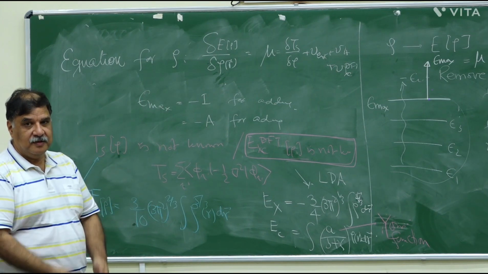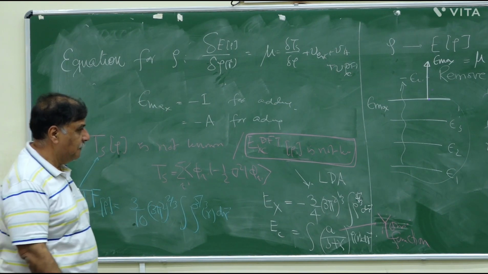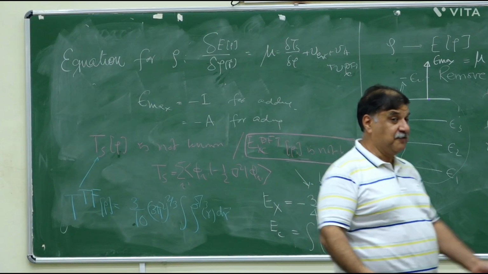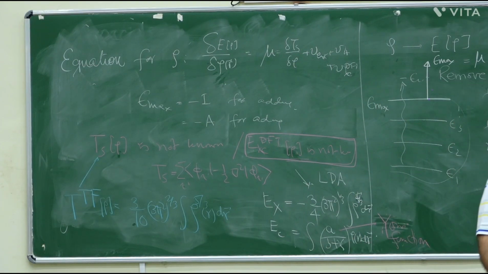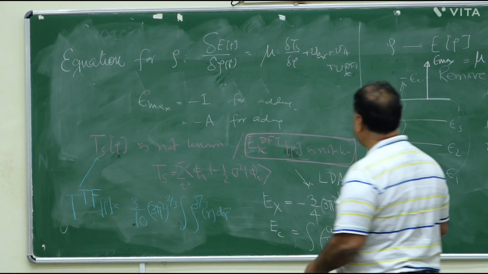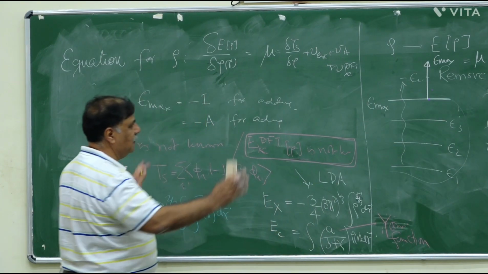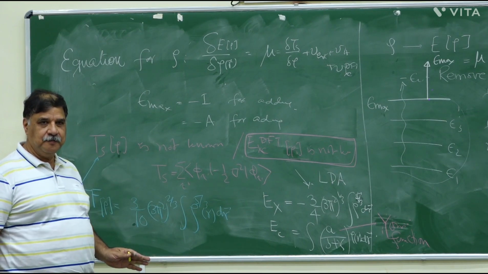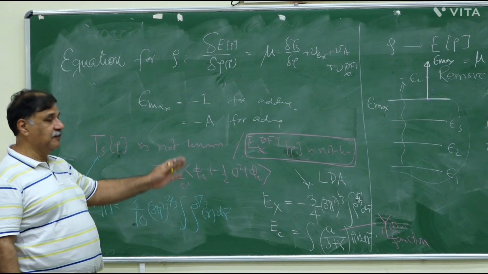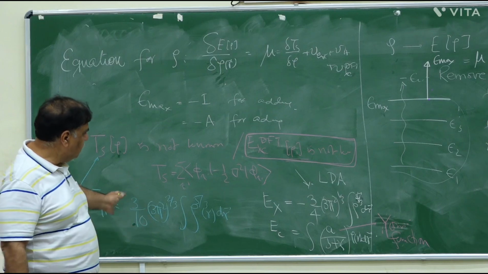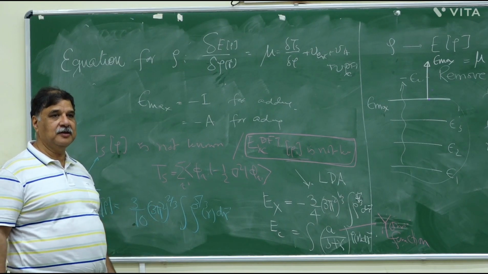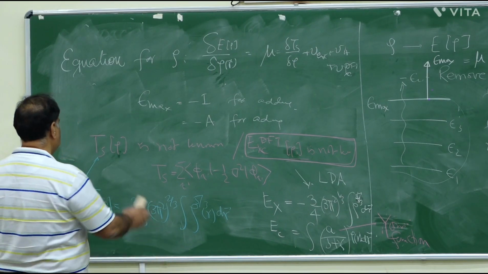So that's something I must say. In fact, after coming here, I've gained weight because I'm so happy. So this is as far as the Kohn-Sham theory is concerned. This is as far as the development of the functional is concerned, and you get some practice with this. And it will also tell you what all happens.